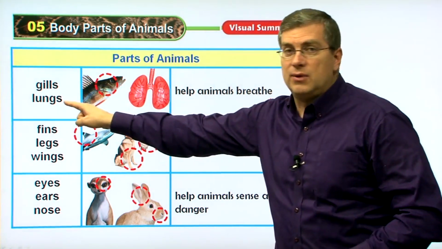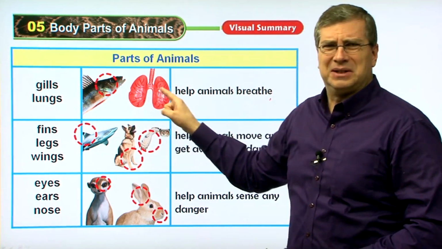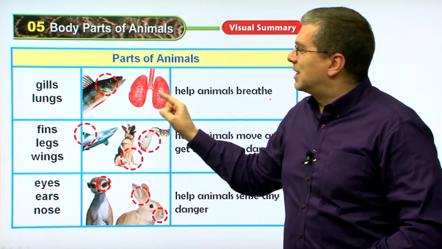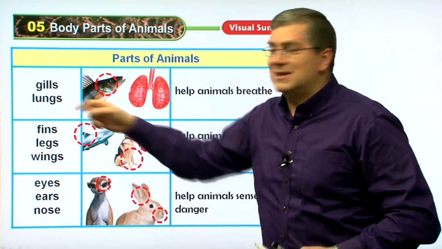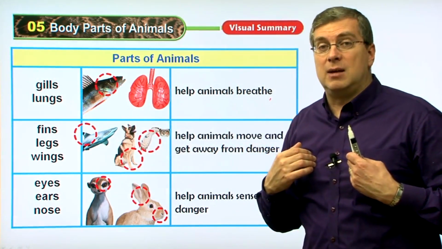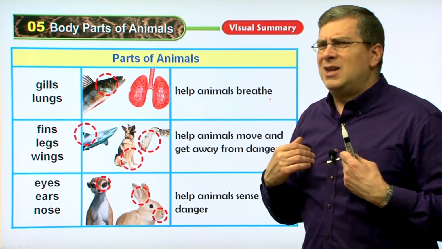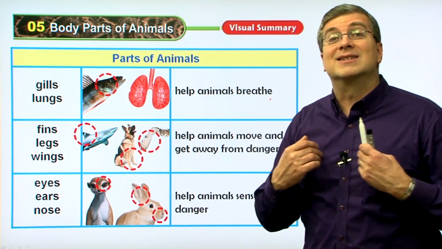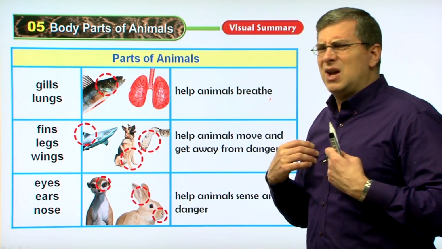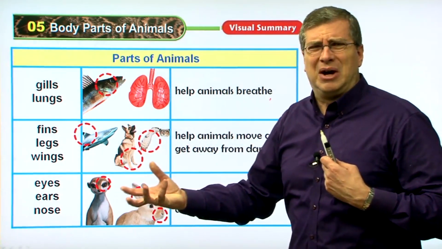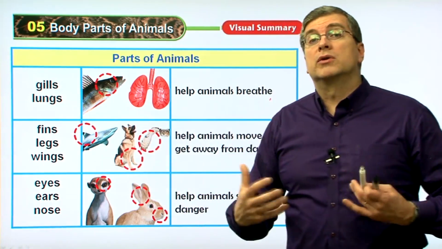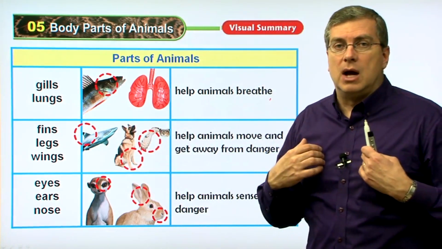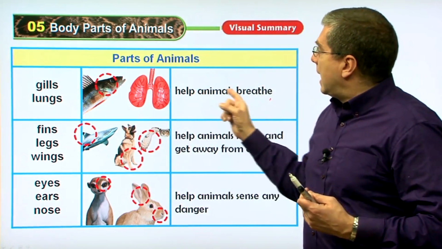Fish don't have lungs. Ugh, here are lungs. That looks kind of yucky, right? Because you can see gills on a fish, but you can't see lungs in an animal. We have lungs, and you can't see them because they're inside our body. If you see lungs, then they're taken out of the body. Ugh, right? Okay, but anyway, animals have lungs, and that helps them breathe.